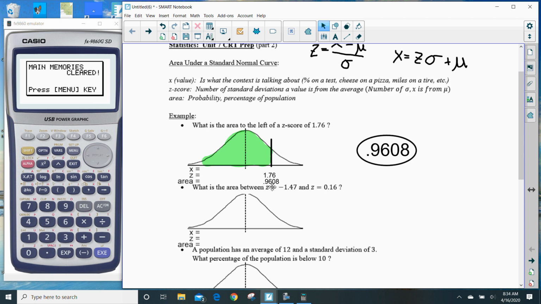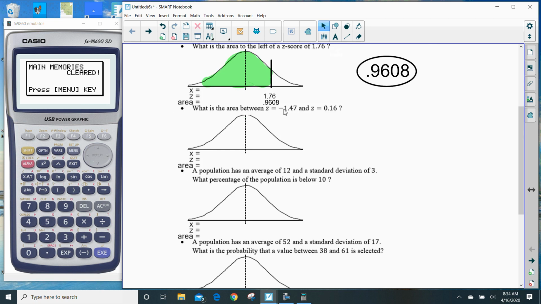All right, next. What is the area between a z of negative 1.47 and a positive 0.16? Negative 1.47 would be below the average. I aligned that with the z of negative 1.47, and I also have a z of positive 0.16.